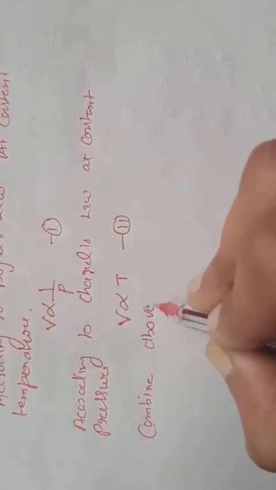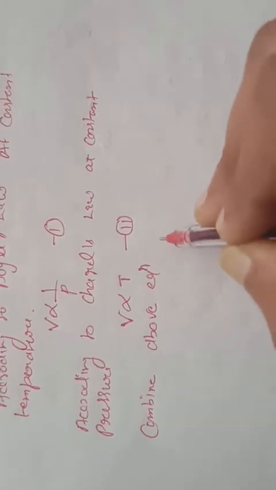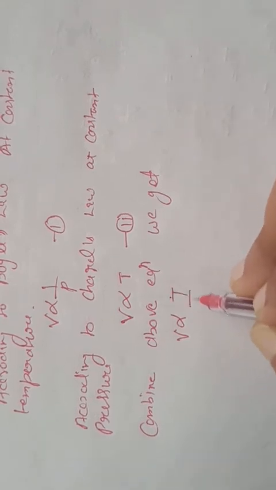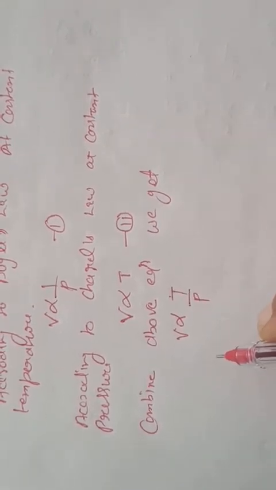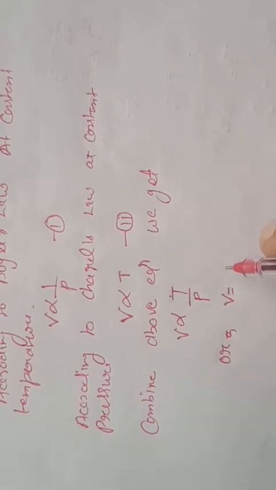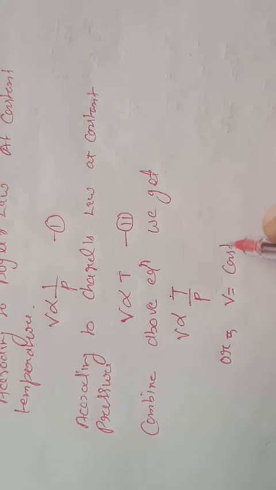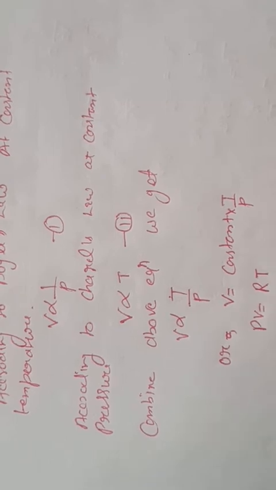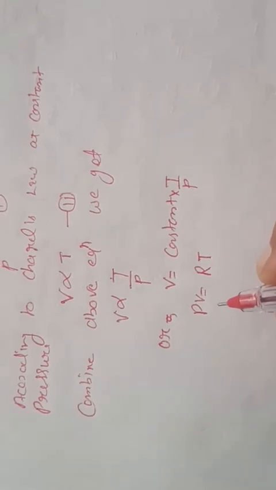Combine the above equations and we get V directly proportional to T divided by P, or removing the proportionality sign, V equals constant times T divided by P. Cross multiplication, PV equals constant; consider this constant as R times T. This equation is equivalent to the perfect gas equation.